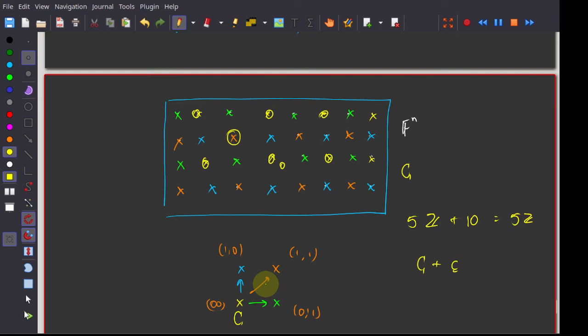So in particular, suppose I have F to the n, and I have a dimension k subgroup or a dimension k code. What is the number of elements in F to the n? The size of F to the n, or if it is binary, then it is 2 to the n. What is the size of the code? 2 to the k, if the code has dimension k. So how many cosets will be there?